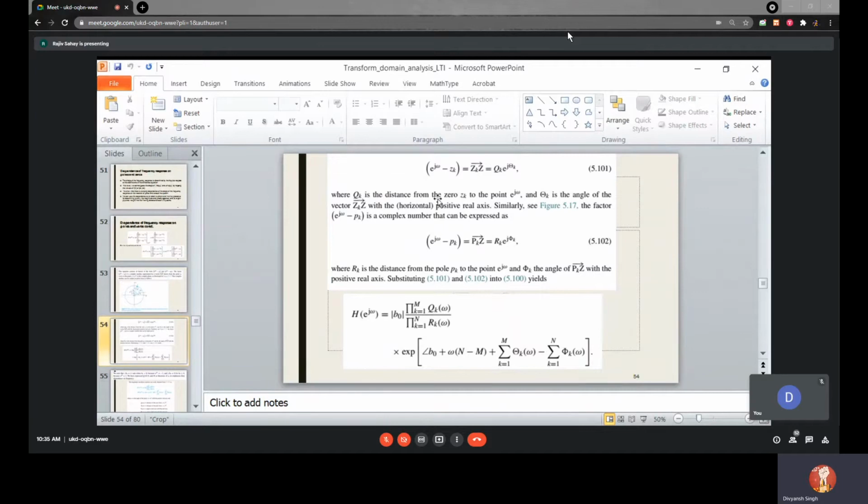So capital Qk is the distance from the zero zk to the point e to the power j omega. And capital theta k is the angle of the vector zkz with the horizontal positive real axis. Similarly, the pole is also written as capital Rk e to the power j capital phi k.